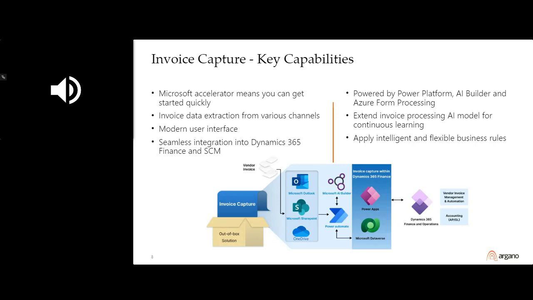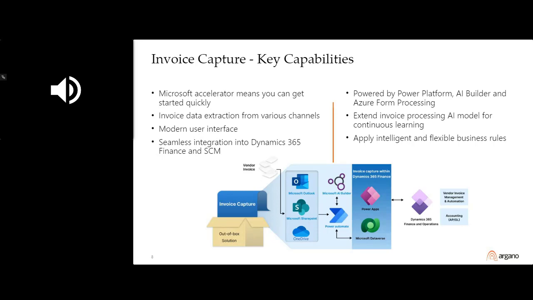It's a modern user interface. Basically, it's a side-by-side view of the scanned image and its system data, with the ability to actually view where on the scanned image that data is coming from. You can also train the OCR or the AI model to be more effective through your interaction with the data in the system.